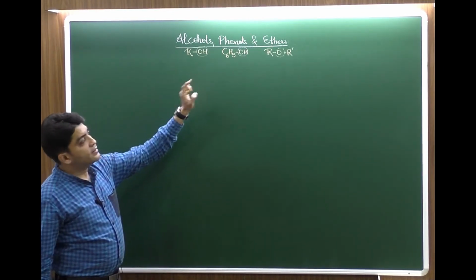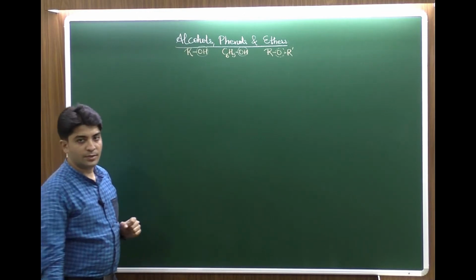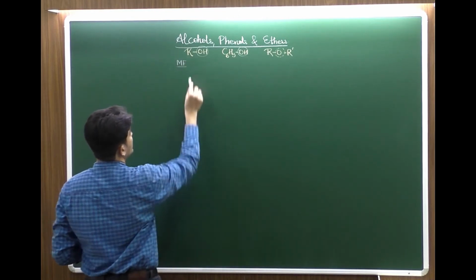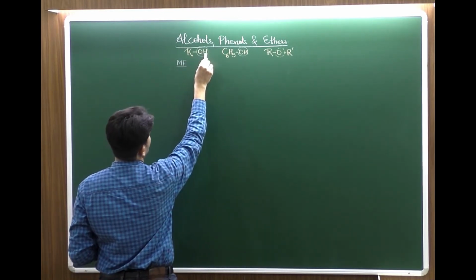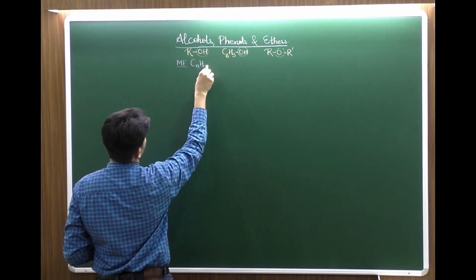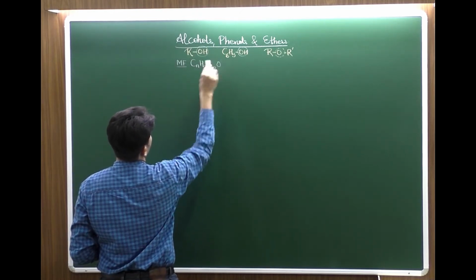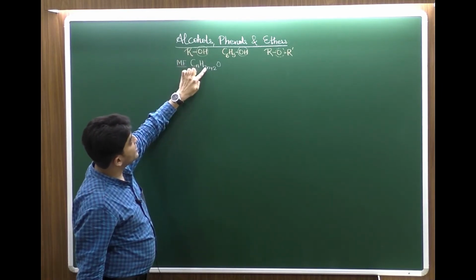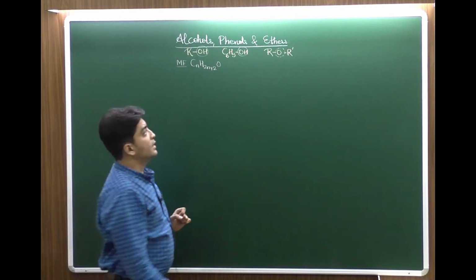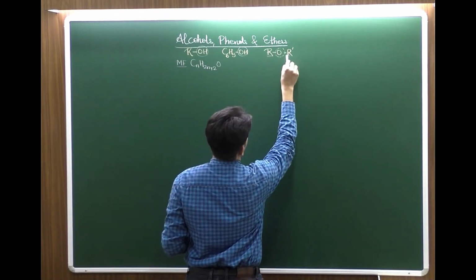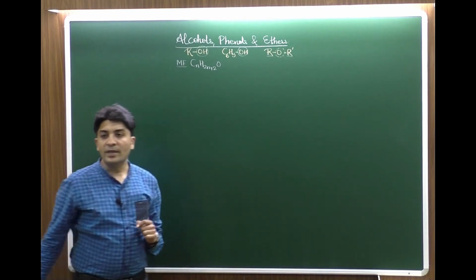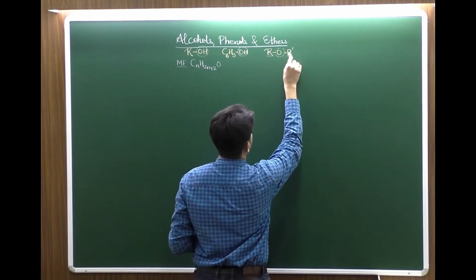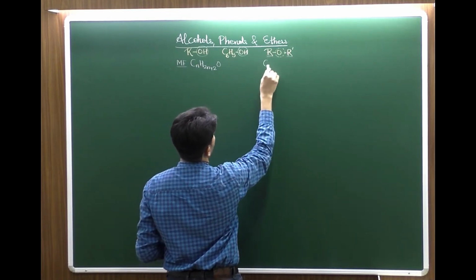Now alcohols and ethers have a special relation which is very important. If you look at alcohol and if I get the molecular formula, it is R with H, that means an alkane, CnH2n+2, and the oxygen could be separately written as O. If you look at ethers, R and R' are two alkyls, and we know that coupling of two alkyl groups gives you an alkane, as we have studied in the Wurtz reaction.